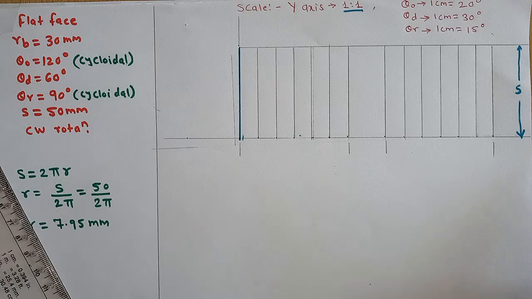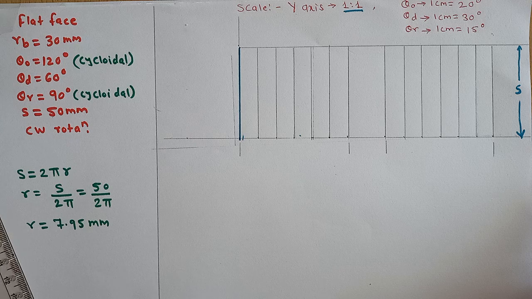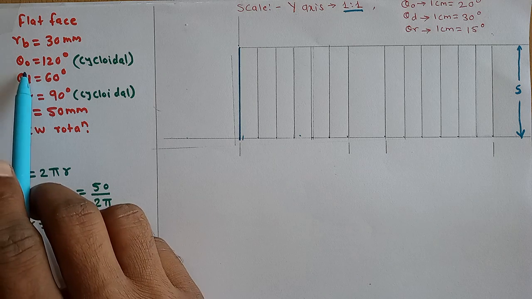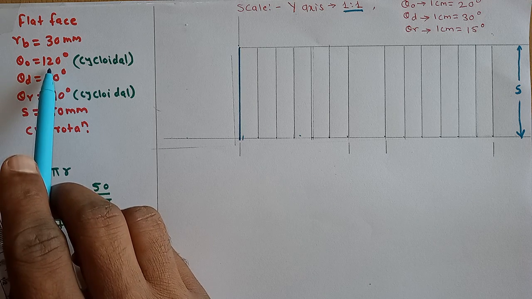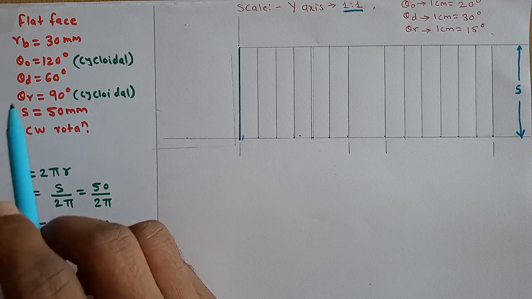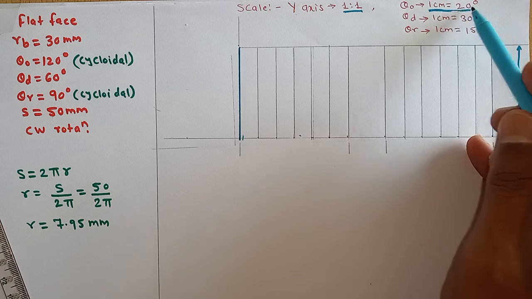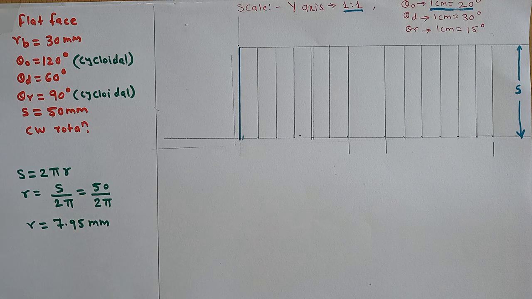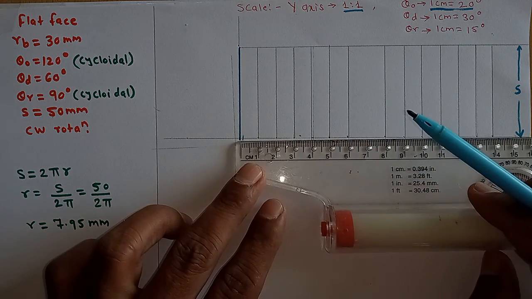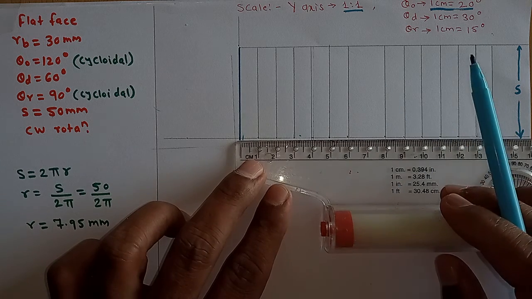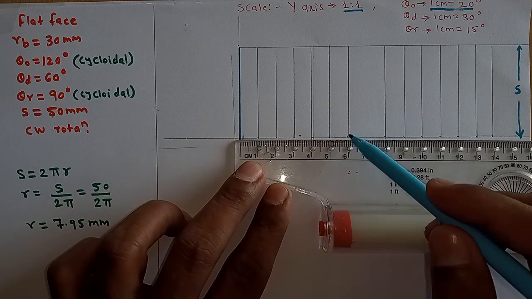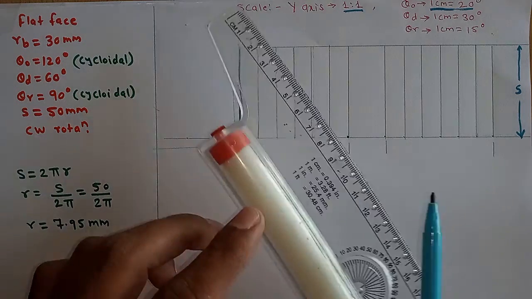Next on x-axis we plot the cam rotation angle theta. The first stroke is outstroke, during which the cam rotates through 120 degrees. So for outstroke angle, let us take scale of 1 centimeter equals to 20 degrees. So 6 centimeter gives 120 degrees.